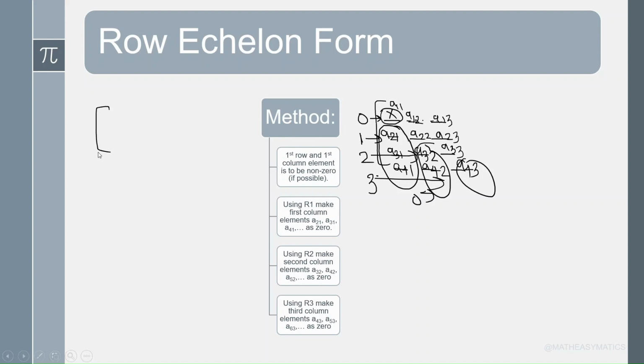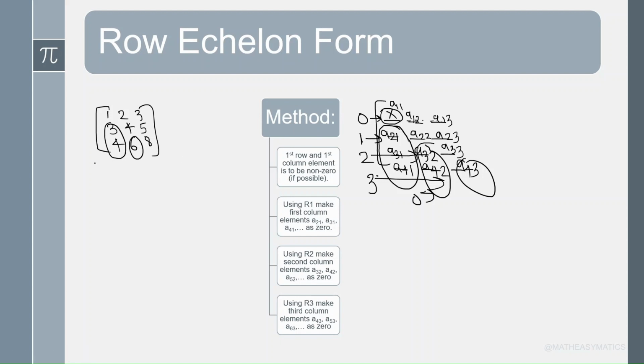Take a 3 by 3 matrix: 1, 2, 3, 3, 4, 5, 4, 6, 8. Now we have to eliminate this, and then we have to eliminate this as per the method.